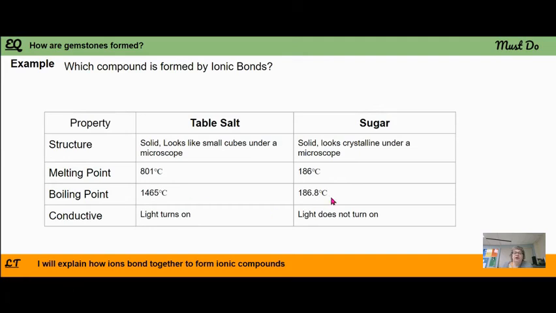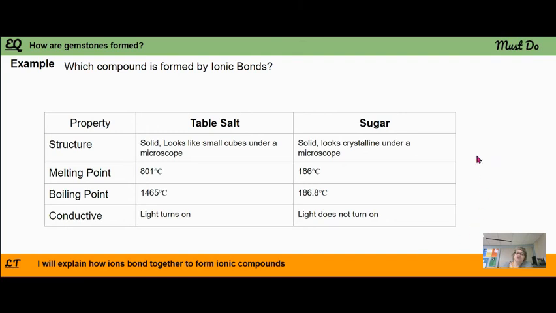Its boiling point is about 186 degrees Celsius, so basically it's going to melt and then burn. And if I tried to put electricity through it, it wouldn't travel. It wouldn't make the light turn on.